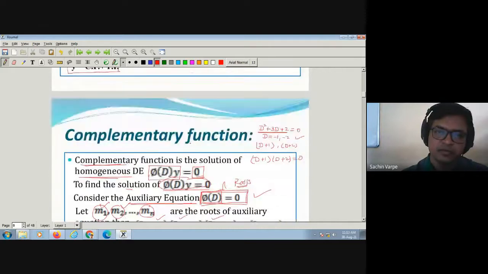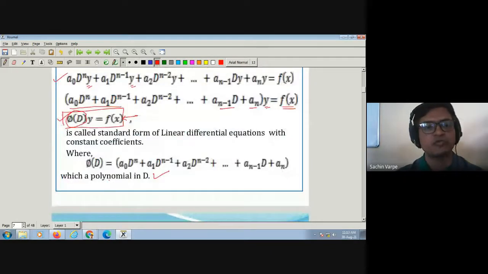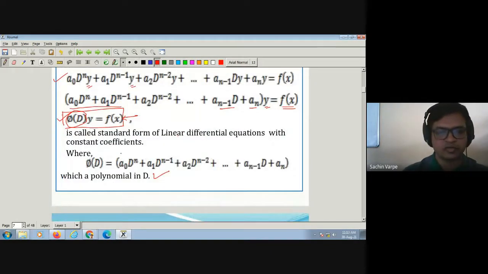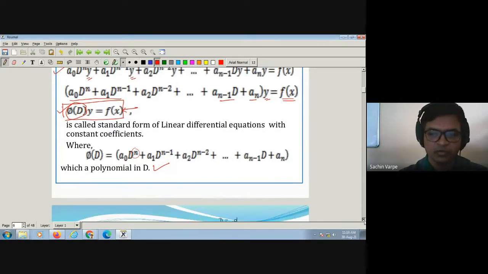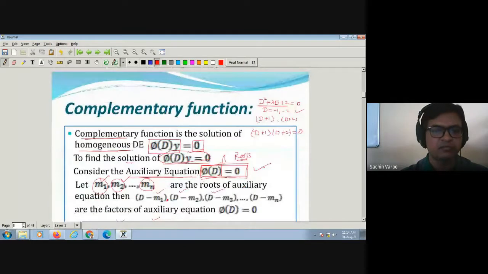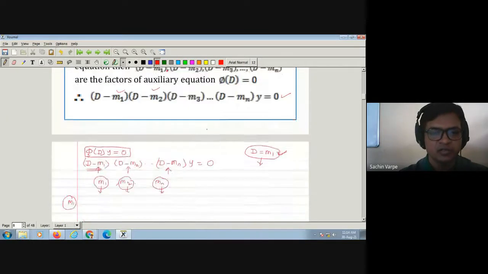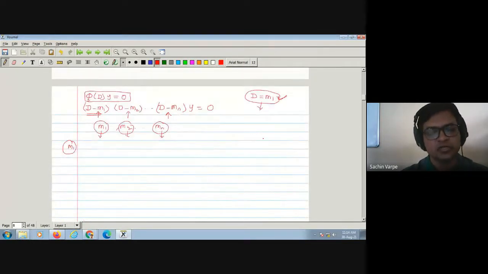One root, because here we have considered the differential equation of nth order, that is why we are getting n roots, m1, m2, mn. Is this clear? So if I consider the differential equation of first order first degree, then it will have only one root. Let us consider m1 is that first root.